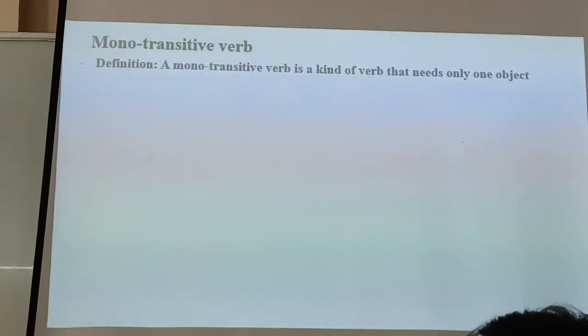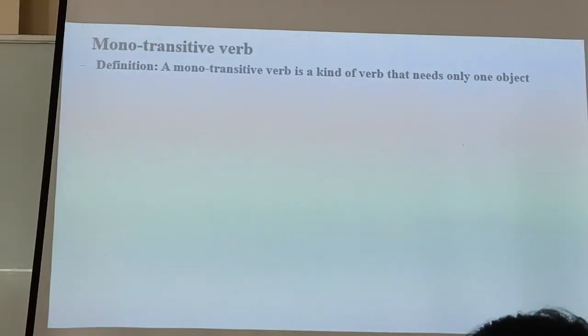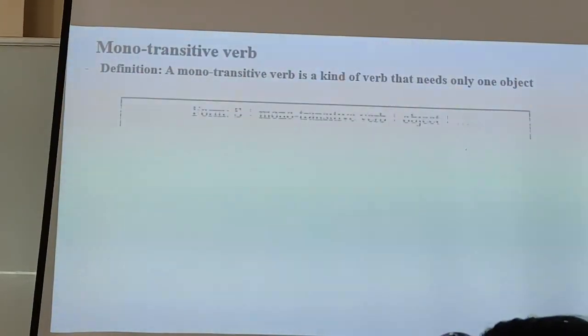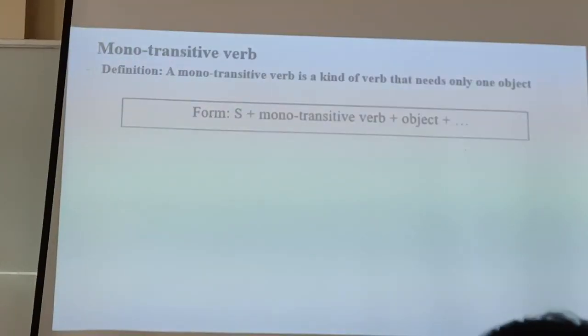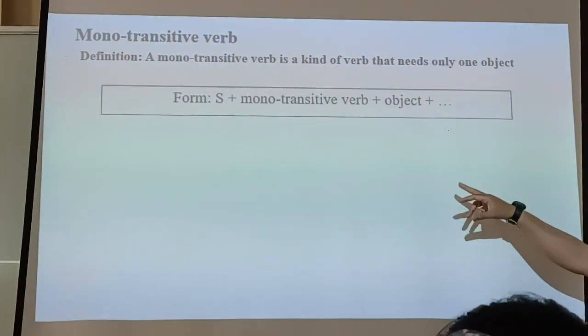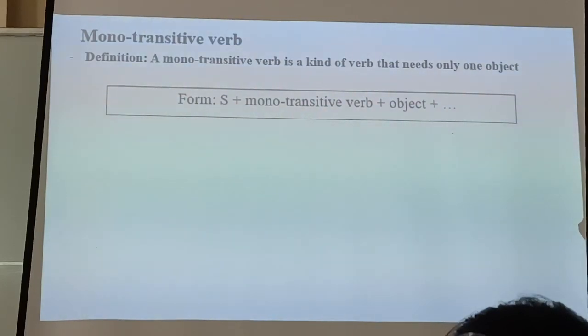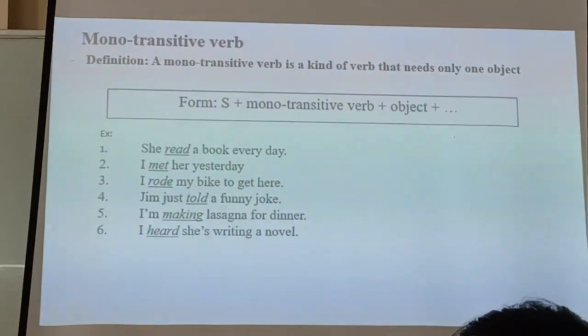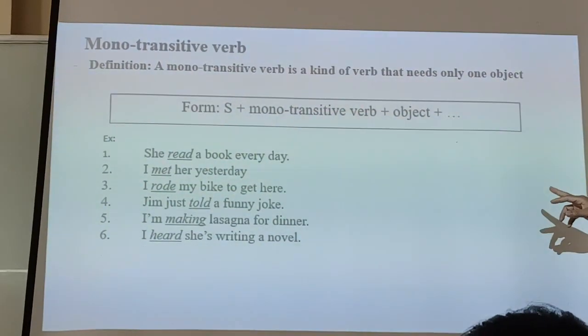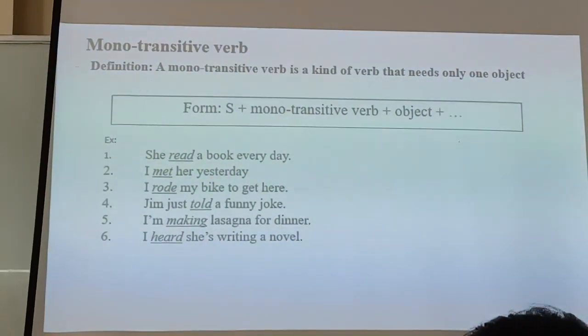What is a monotransitive verb? As I mentioned, the monotransitive verb is the verb that needs a single object. There is only one form of the monotransitive verb. The form is subject plus monotransitive verb plus object.